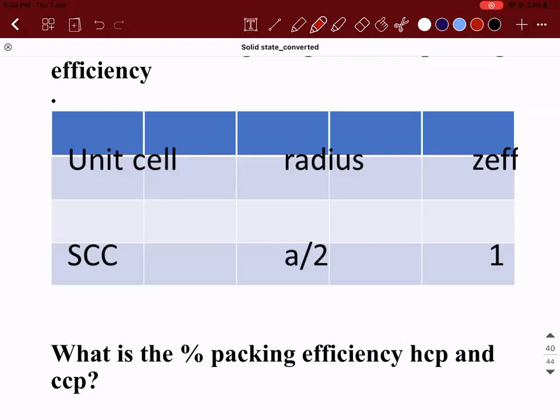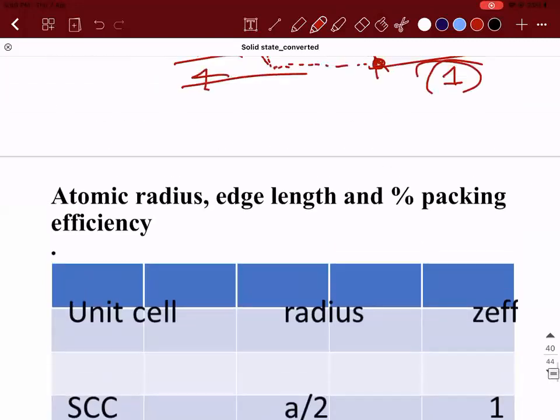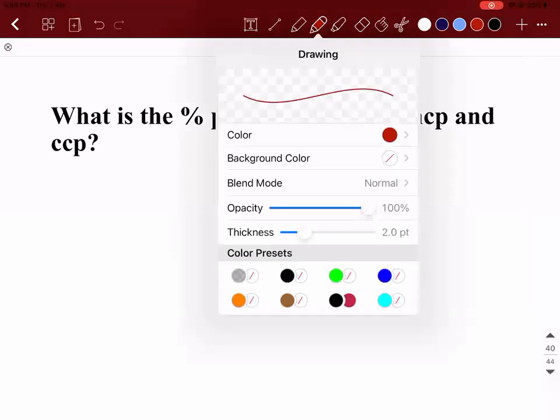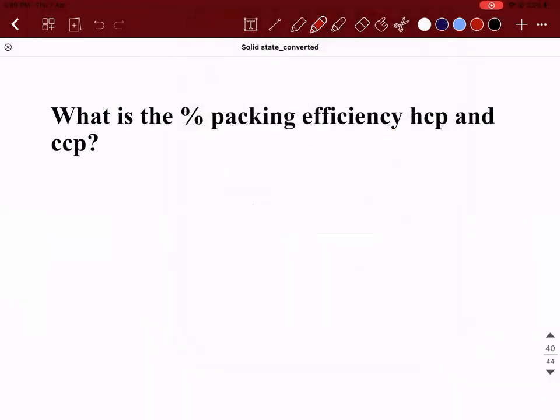Okay, so I have drawn it for everything. See, this atomic radius is nothing but... this will be the arrangement of particles.